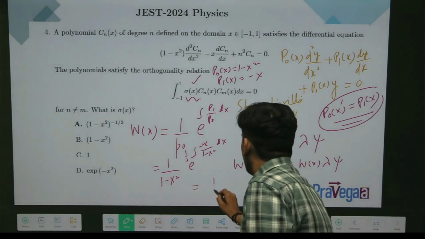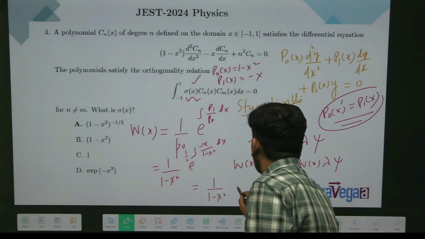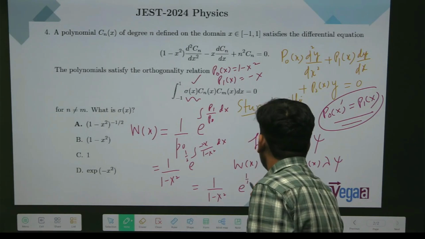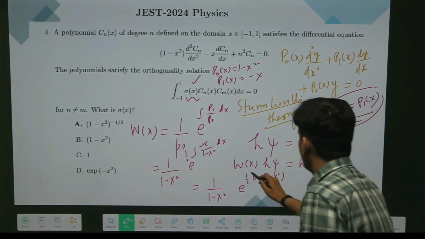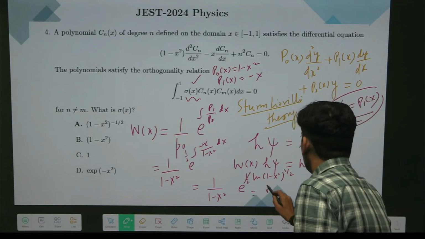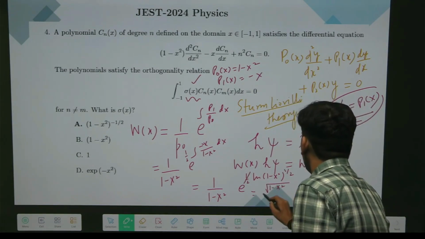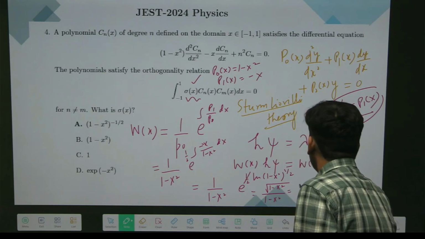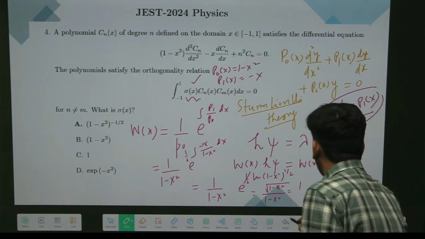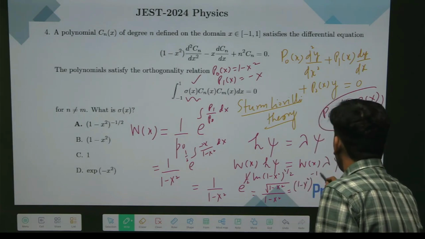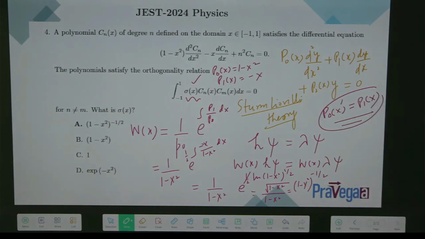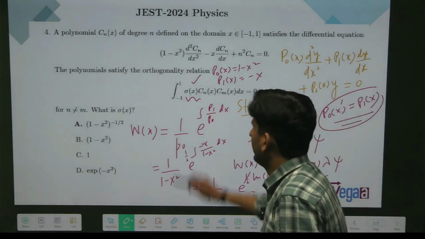This becomes 1 upon 1 minus x square times e to the power 1 by 2 ln(1 minus x square), which is the square root of 1 minus x square by 1 minus x square, that is, (1 minus x square) to the power minus 1 by 2. So this is the weight function.